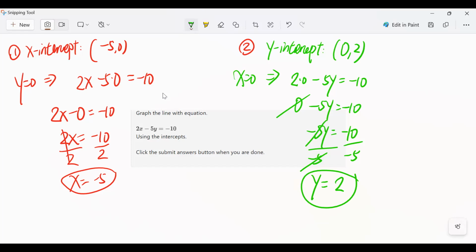And once you have both intercepts, then we can plot them. Start with the x-intercept, 5: 1, 2, 3, 4, 5.